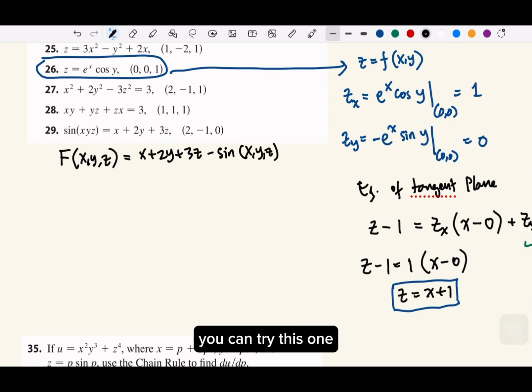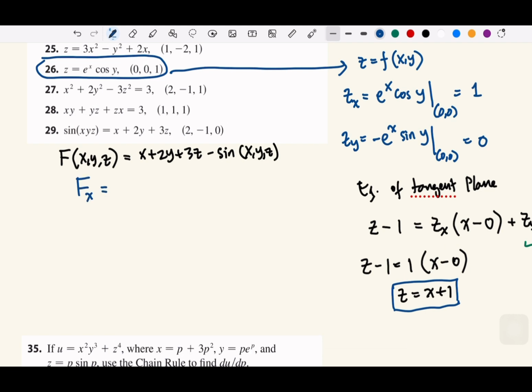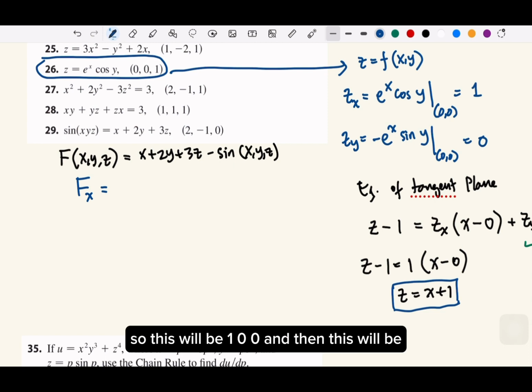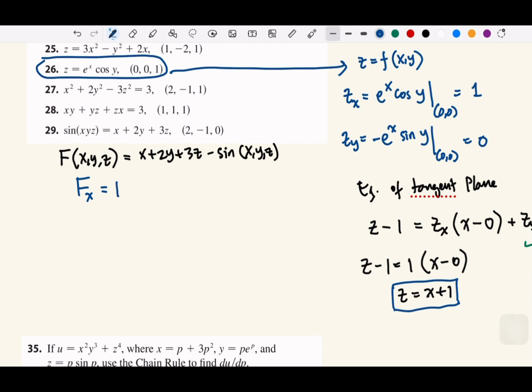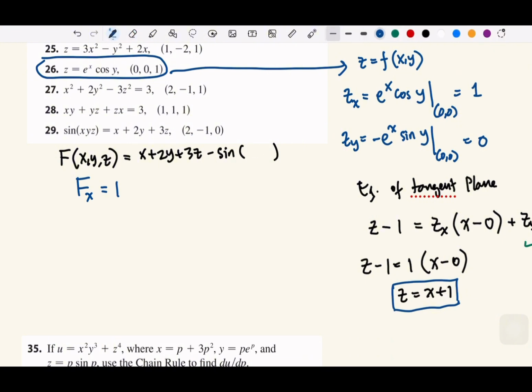You can try this, or if you want to partially derive directly using implicit differentiation, it's also possible. But I will just write this, and then I will write partial x like that. So this will be 1, 0, 0, and then this is just xyz.